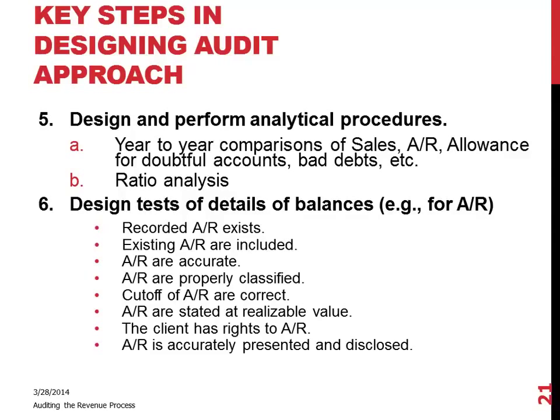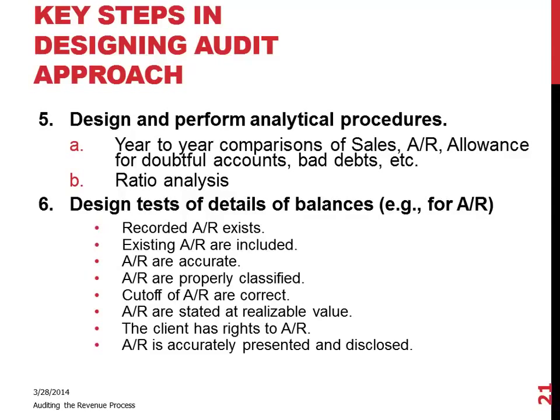So you will normally see tested controls and tested transactions being performed simultaneously. So in certain instances, testing a control also provides you evidence about that transaction. And that's what we call a dual purpose test. Okay, does that make sense?